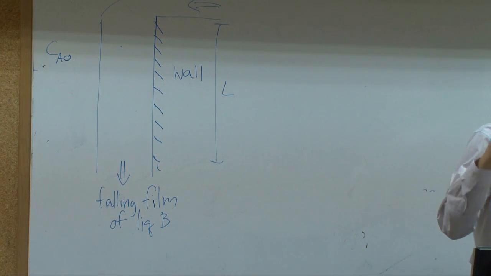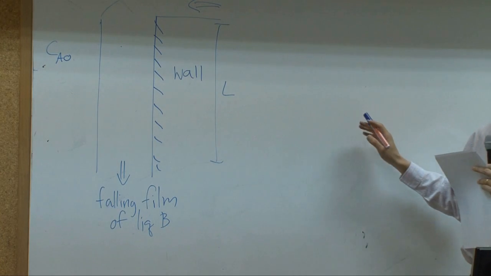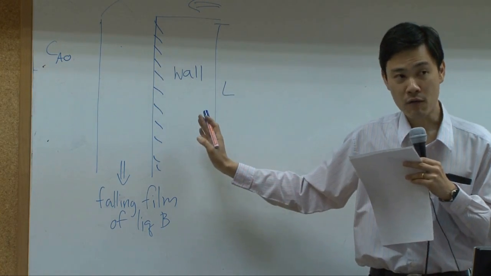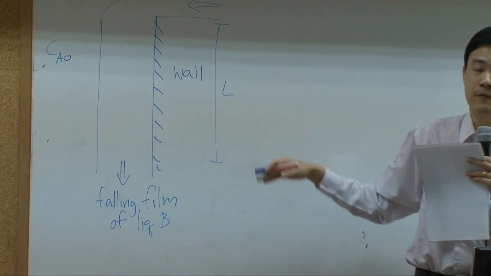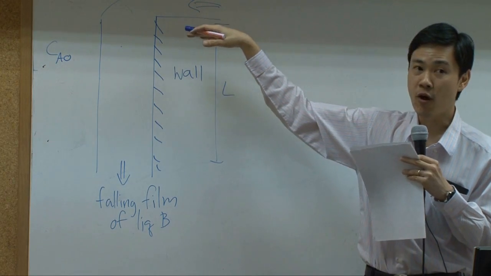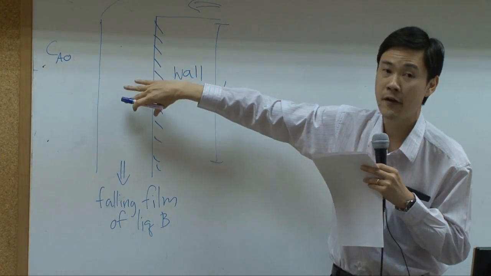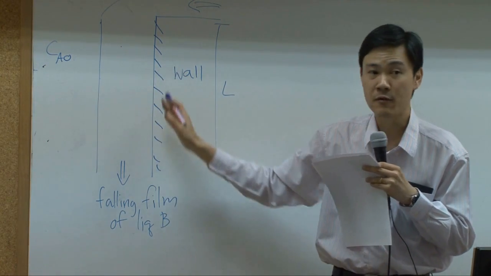All right, the last example for chapter 18 is this. Suppose you have a solid wall with height L. Over this wall, you flow some liquid to form a very thin film of liquid B on the surface of the wall itself.